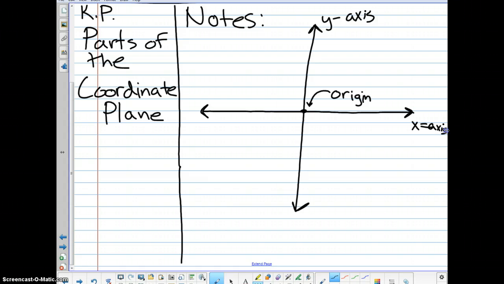Then, as you can see, there are 4 main sections of this coordinate plane, and they're all called quadrants. Quad meaning 4. There's 4 of them, but there's an actual sequence in how we number them. Up here, this is quadrant 1. We number them using Roman numerals, so it's an uppercase I. Here is quadrant 2.